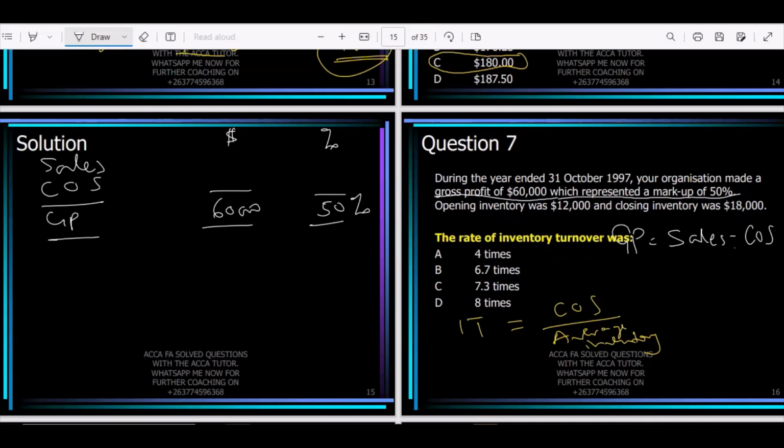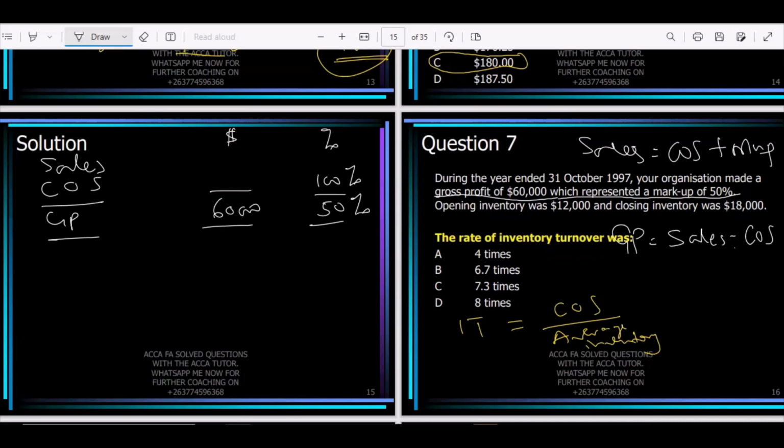Okay, so we know that sales is equal to cost of sales plus markup, that is cost of sales plus 50%. Okay, so which means the cost of sales should be 100%.